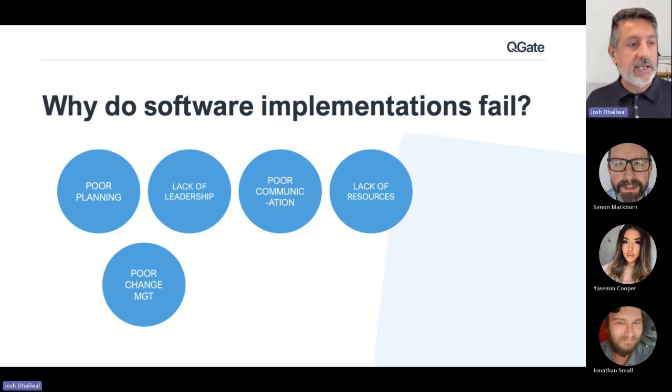In the past 10 years, I've been involved in hundreds of software implementations, and a number of those failed because it hadn't been articulated clearly to everyone involved, not only in implementing a solution, but people using it day to day, as to how it's going to benefit them.